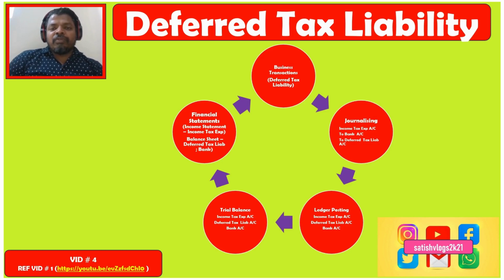Depreciation is an expense which is normally provided on fixed assets for wear and tear of the assets. What is depreciation? What are the various methods of depreciation? All these details I would be providing in my future video on depreciation, and the same would be posted soon in my channel.